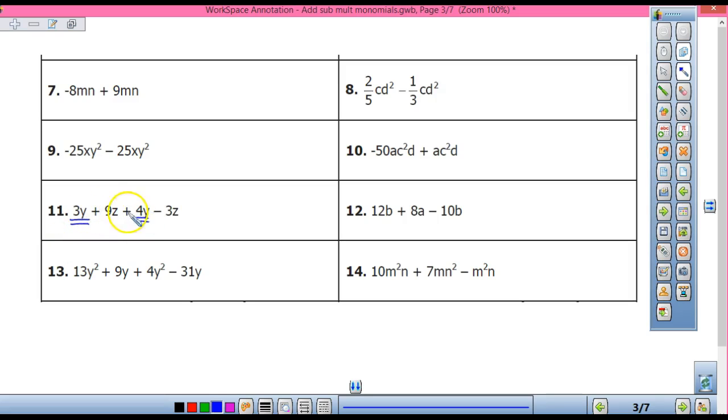So I'm going to take 3y plus 4y and get 7y. And what else can I combine? 9z minus 3z, right? So we go with what's in front of that 3z. And what do we get? Plus or minus? Plus 6z, there you go. Why is it plus? Because we get positive, yes?